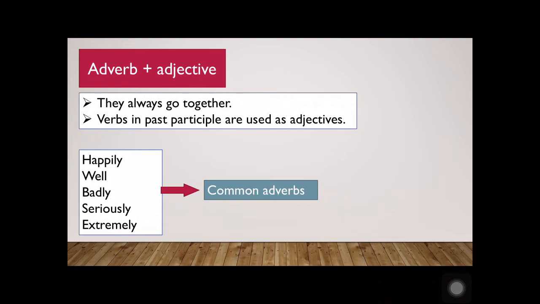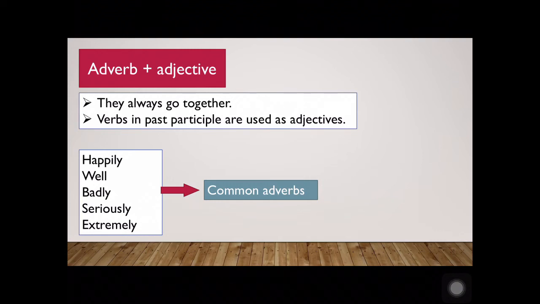As you can see here, guys, these are some of the common adverbs, not all the adverbs. You have a bunch of examples. I'm going to attach a file in the group so you can check another list with more examples of adverbs. In this case, you have happily, that is one adverb.